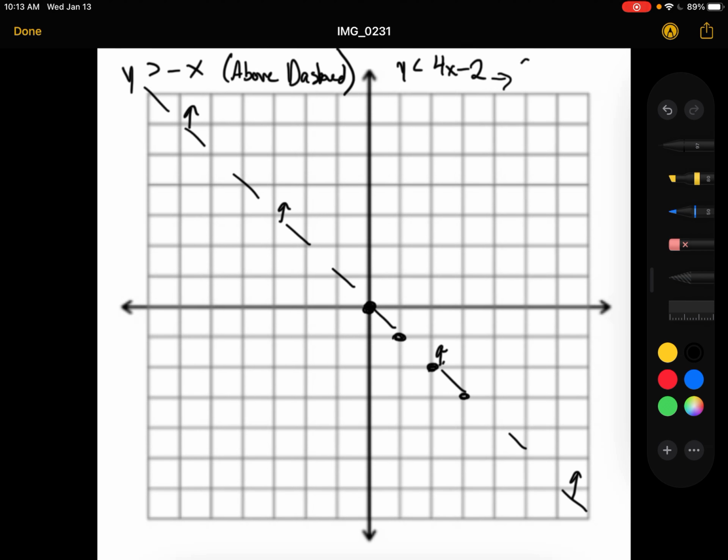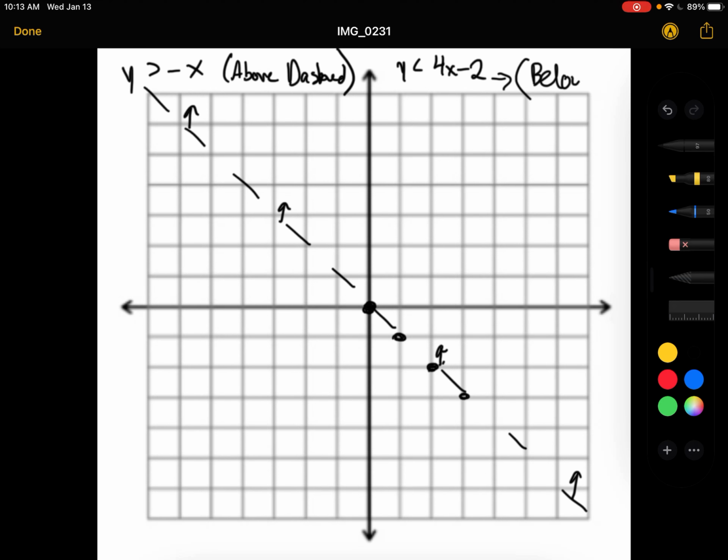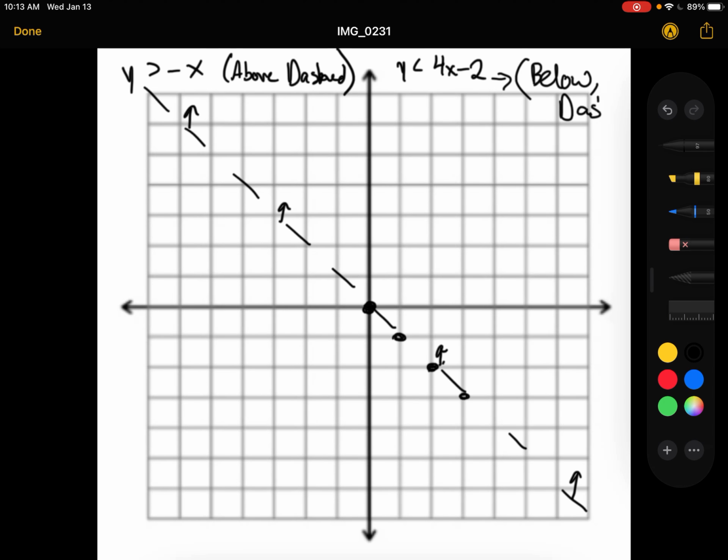For our second one here, we're shading below because it's less than, and it's also dashed because it's not or equal to. So for this one we start off at our b, which is negative 2, and then we go up 4, our slope, and then over by 1. Like so.